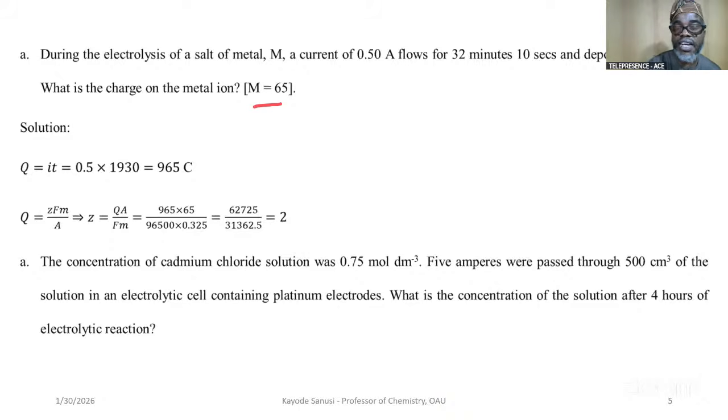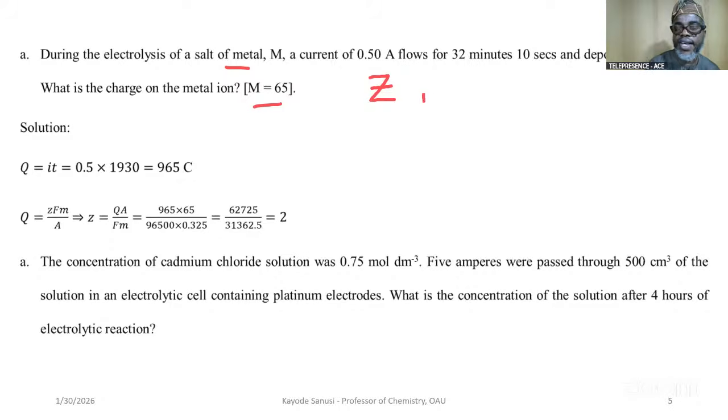There's nothing really serious about this question. What this question is asking you to find is Z, the magnitude of Z. It's been said to be a metal, so a metal is expected to be positively charged. Isn't that correct? So we know already that it's going to be positively charged. We are only looking for the magnitude of the charge.